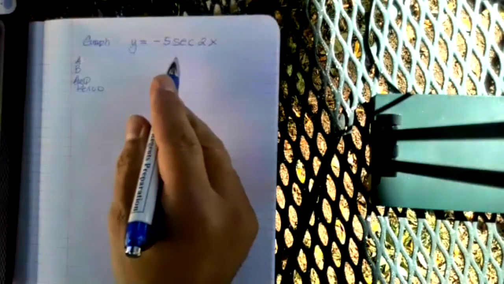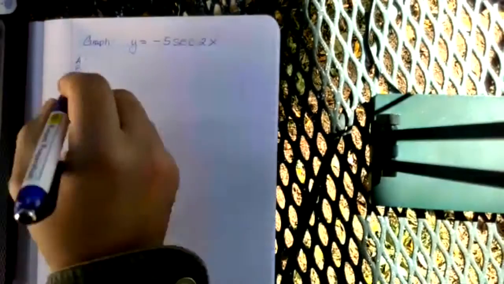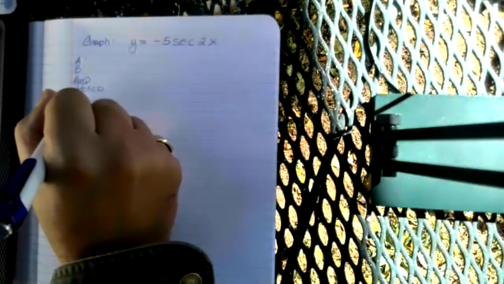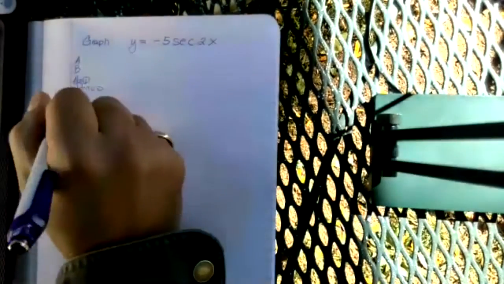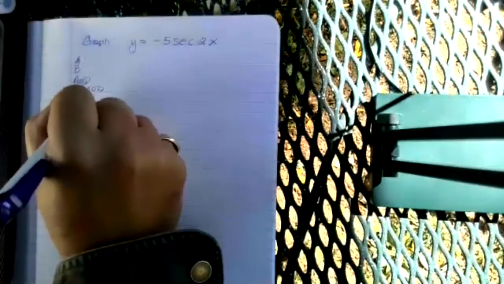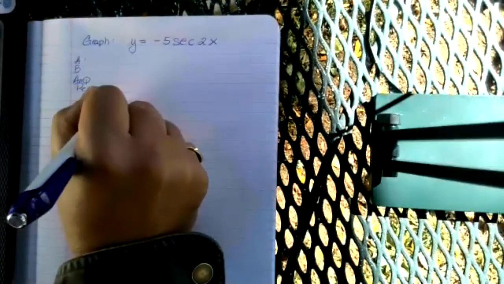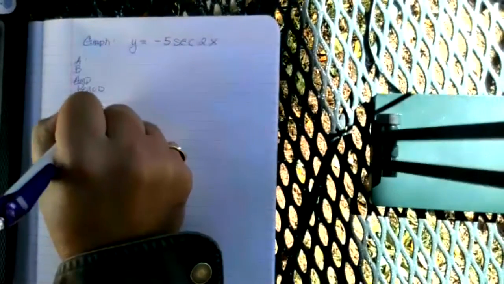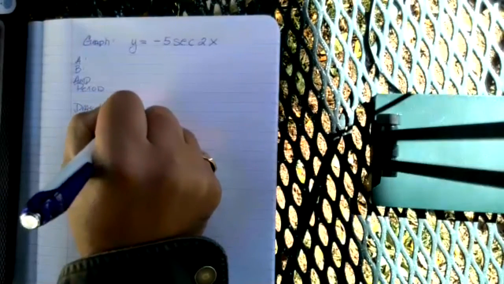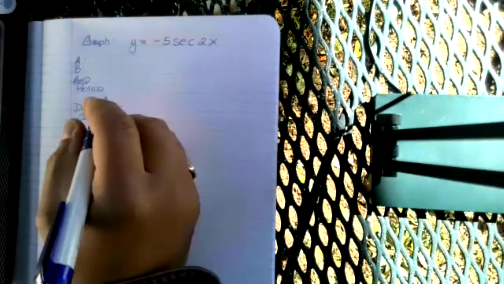And then this is a secant graph, so you want to sketch a basic cosine graph, because this is secant, it's a reciprocal of cosine.